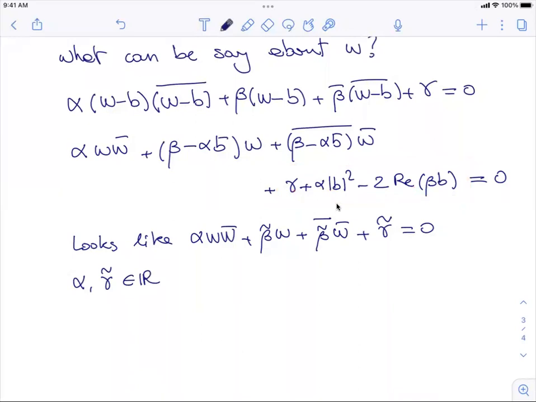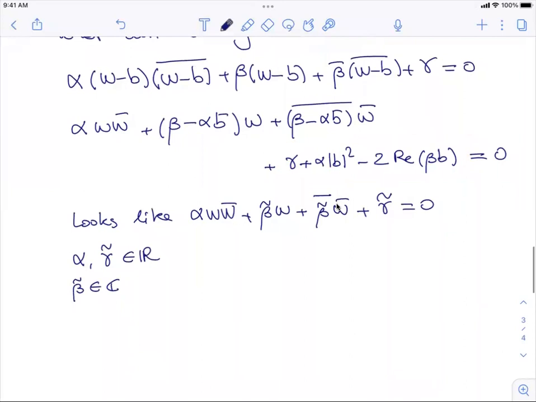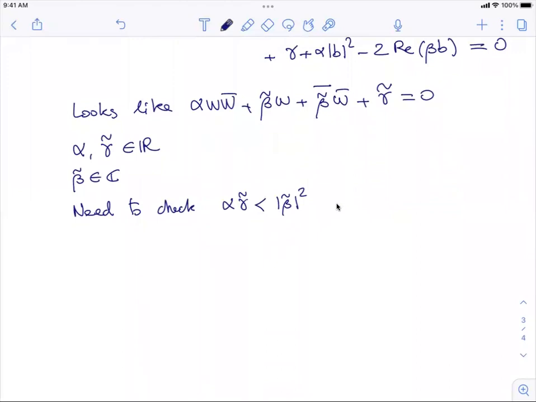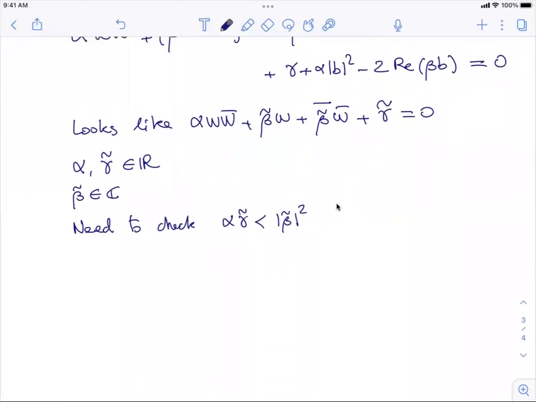What else? Beta tilde is definitely a complex number. We need to check that alpha gamma tilde is less than the modulus squared of beta tilde. This should be fairly straightforward.